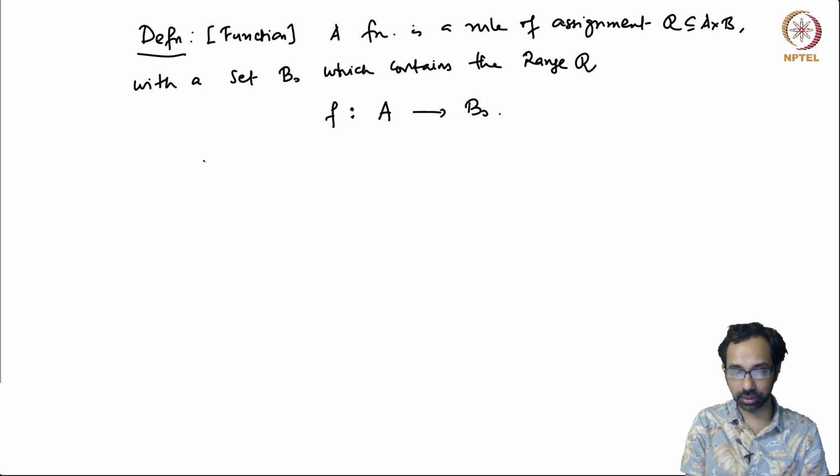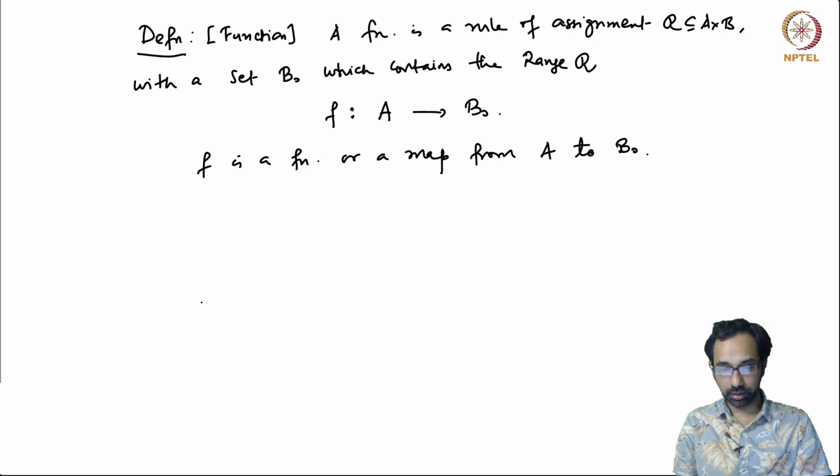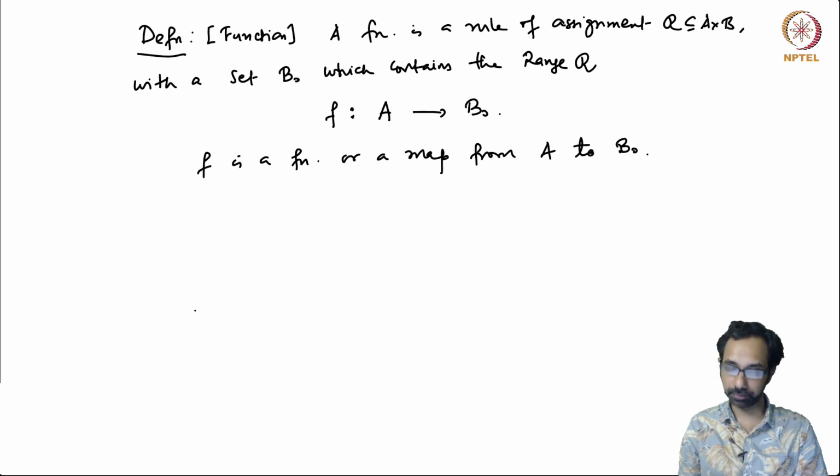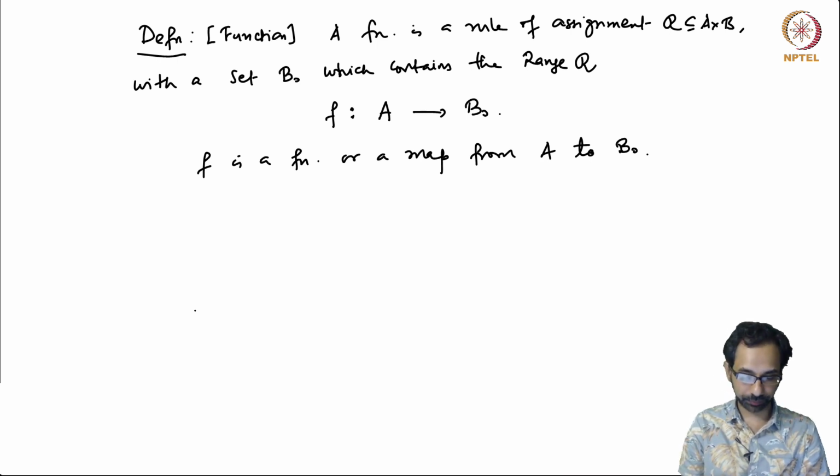Okay, so we say that f is a function or a map from A to B naught. So this is the definition of a function in precise mathematical terms, in set theoretic terms, and associated with functions are various properties that one can define.